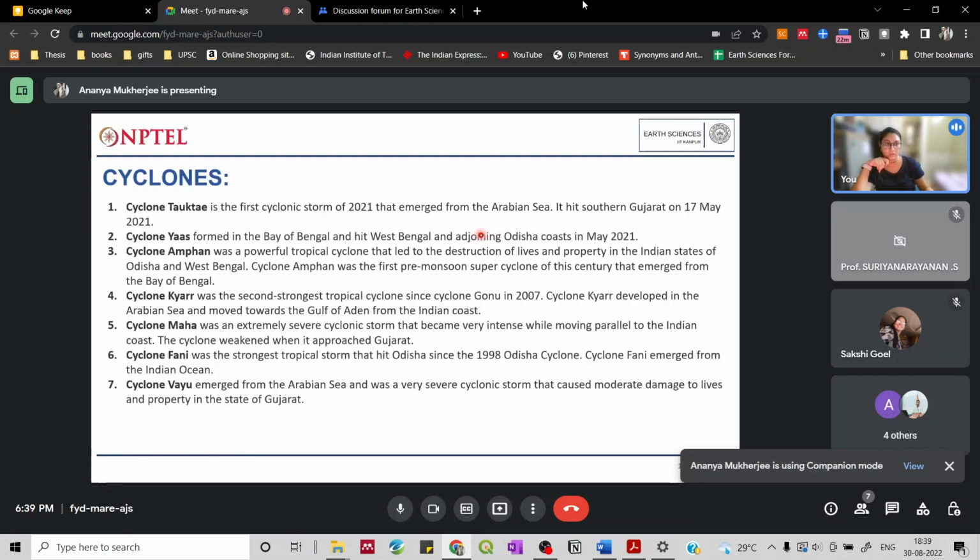Most of the cyclones actually generate in the Bay of Bengal, but Tauktae, which happened in 2021, originated from the Arabian Sea. Then you also have Maha, which approached Gujarat. So there are a few cyclones which emerge in the Arabian Sea. We can see even Vayu was one of those which emerged in the Arabian Sea.